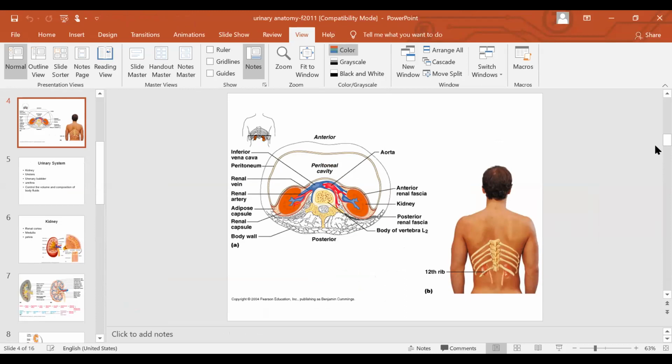Okay, that part of the anatomy is in your book, page 1002 to 1004. That part of anatomy I'm not going to talk about, so you need to read your book and also follow your lab handout to make sure that you can recognize any structures listed on your lab handout.